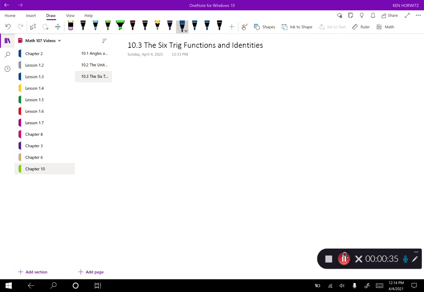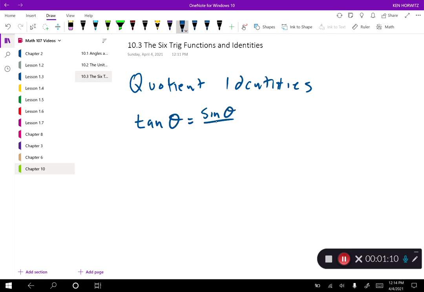So I'm going to run through some. I'm not going to prove the identities, but I am going to run through the identities that you are going to need to use and hence need to know. The first group of them is called the quotient identities. And the quotient identities basically take the quotient of sine and cosine and equal them to tangent.